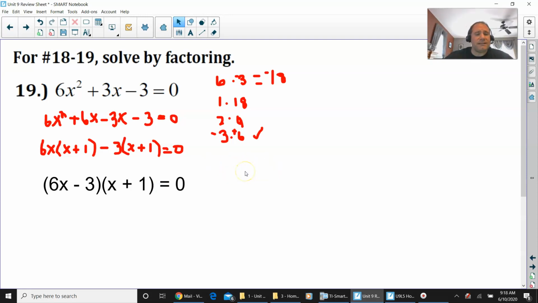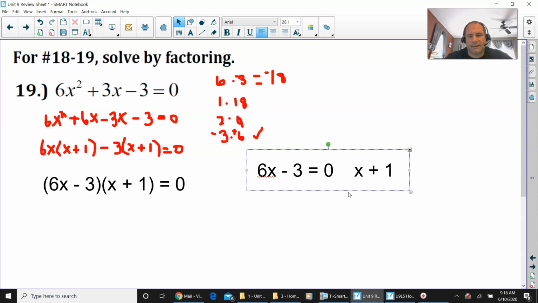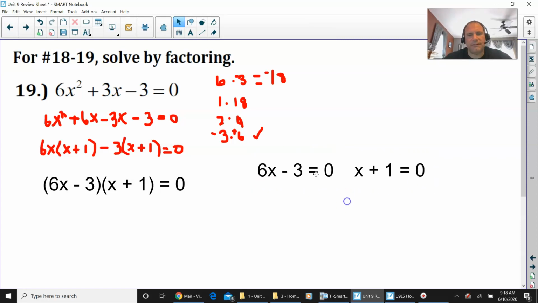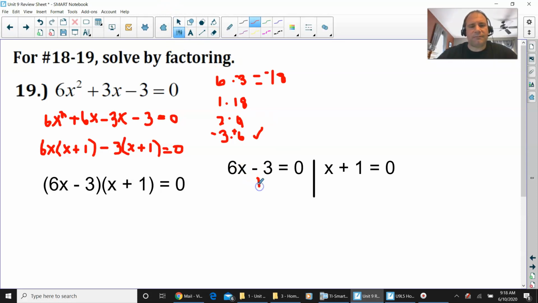So we're going to have 6x minus 3 equals 0, and we're going to have x plus 1 equals 0 as well. And again, some people put a line in the middle so that they could separate them. And that's just fine. Go ahead and solve, and I'll solve with you.